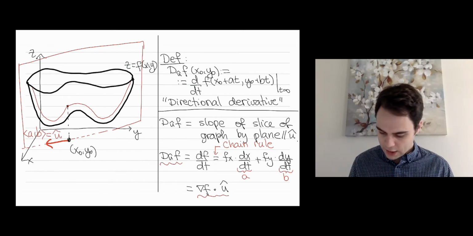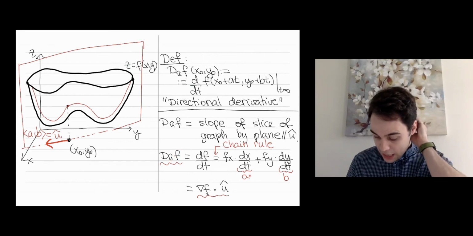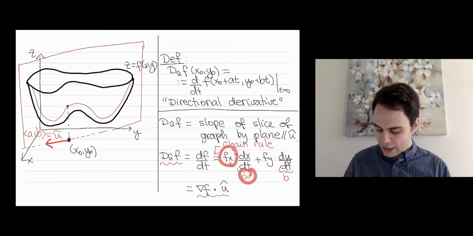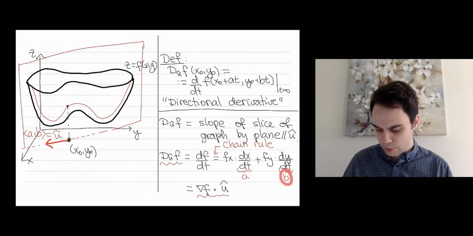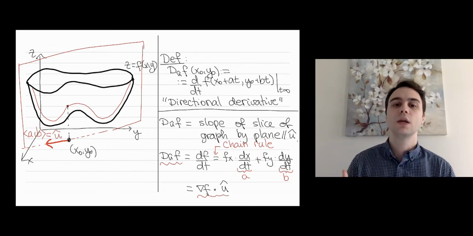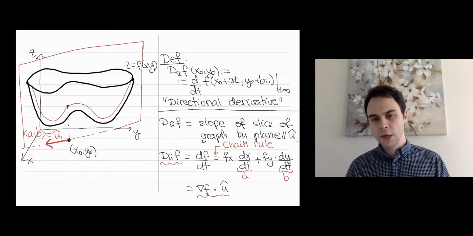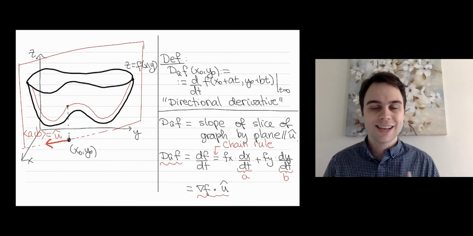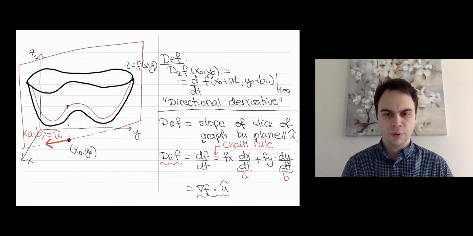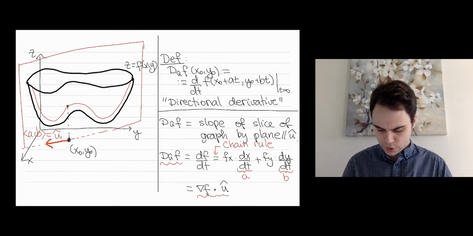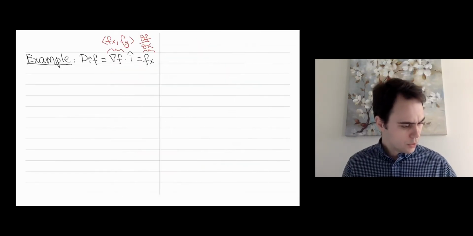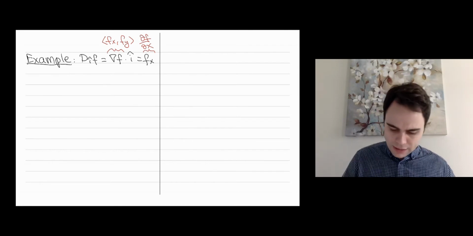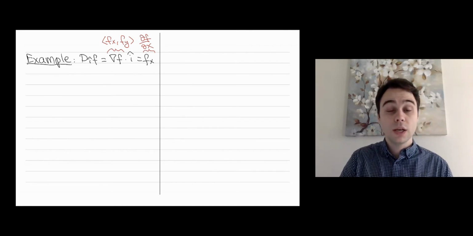And then the derivative of f in the u direction is going to be a times the derivative of f in the i direction plus b times the derivative of f in the j direction. So this expresses a nice linearity in the derivative with respect to the direction in which we take it. Okay.